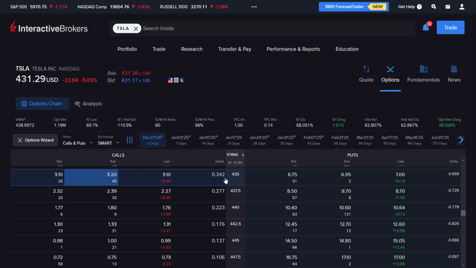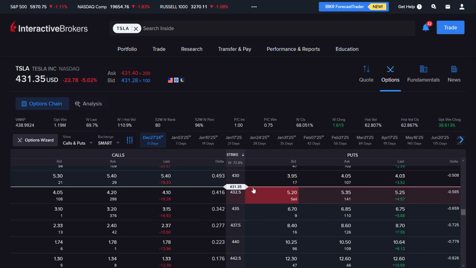For example, let's say my strike price for calls is 432 and my market price is 431. The strike price is more than the market price, so we call it out of the money.